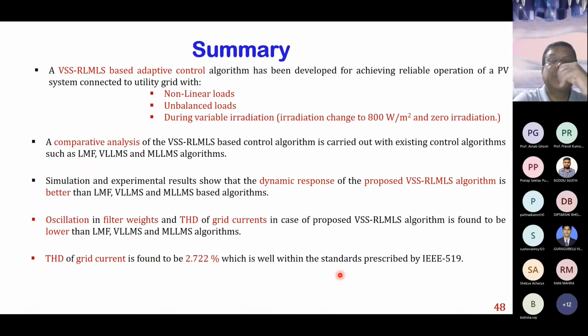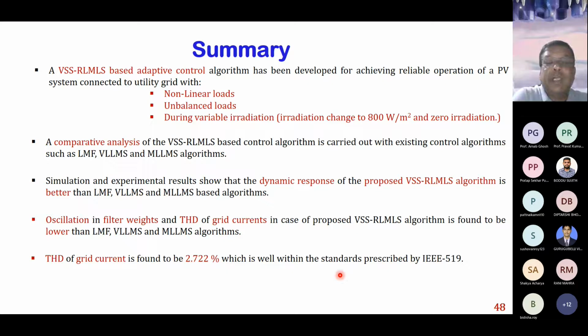The summary of this work is that the variable step size adaptive algorithm based controller, we verified its efficacy in the same three conditions: the nonlinear load, unbalanced load, and during variable irradiance. That is, irradiance changes from 1000 to 800 and 0 watts per meter square.